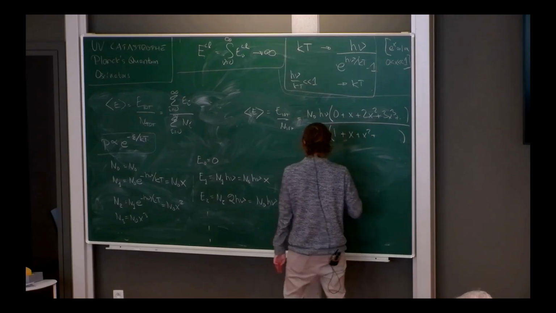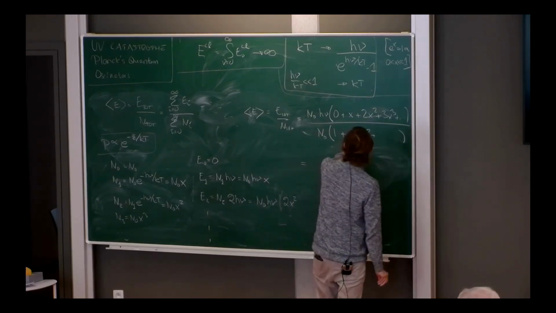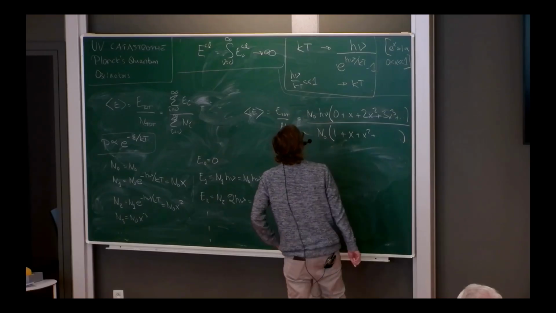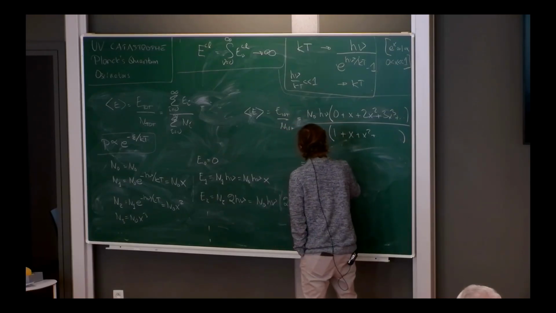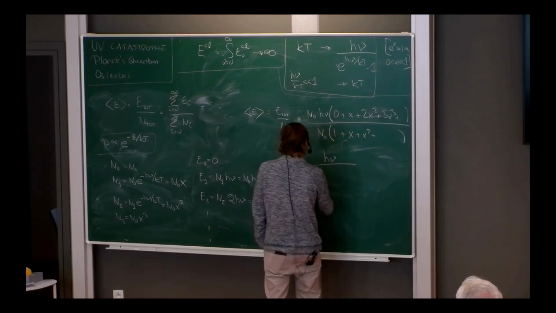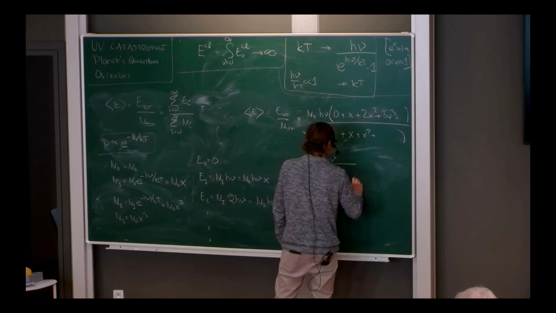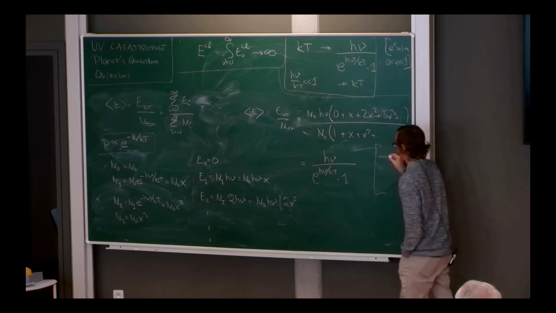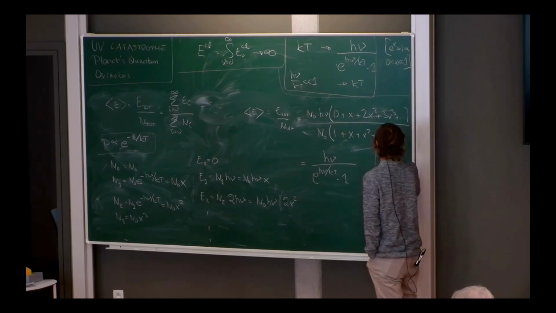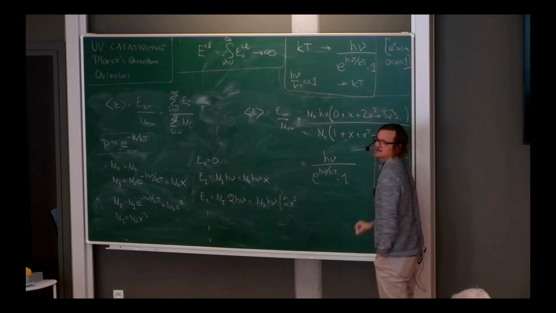And if you carry out this sum, you will indeed see that it comes out as h nu divided by e to the h nu over kT minus 1. And this is also an exercise for you in the lecture notes.